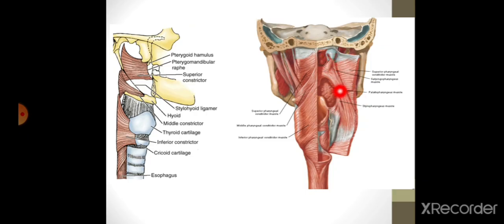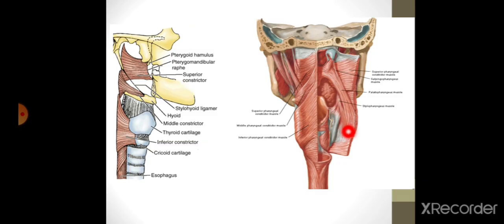And also we have palatopharyngeus. Palatopharyngeus originates from the soft palate and is inserted into the side of the pharynx. This muscle elevates the pharynx after swallowing.